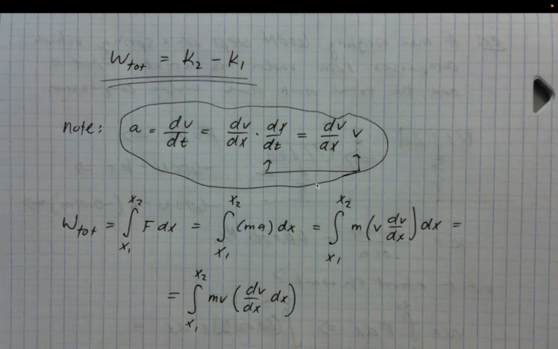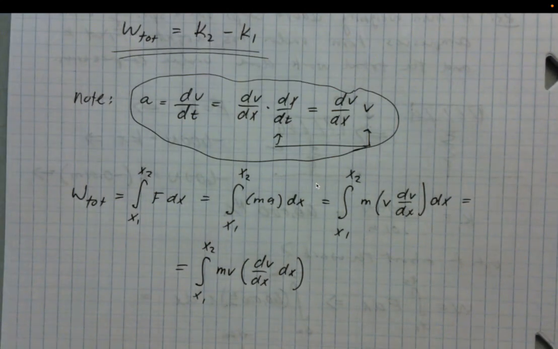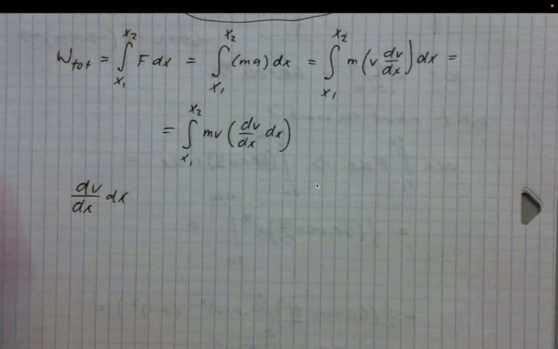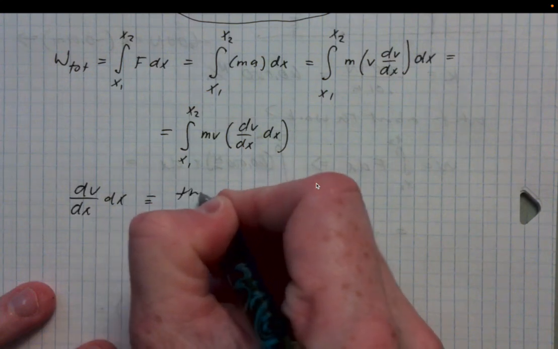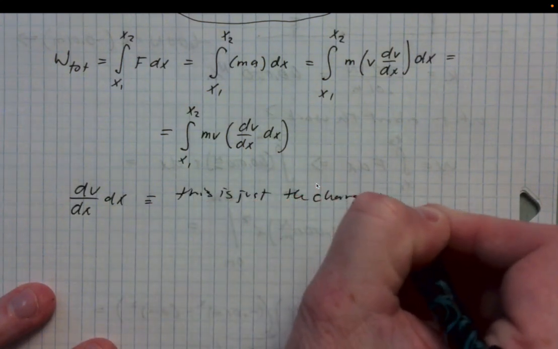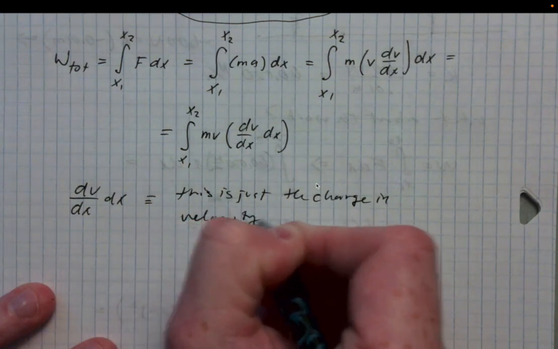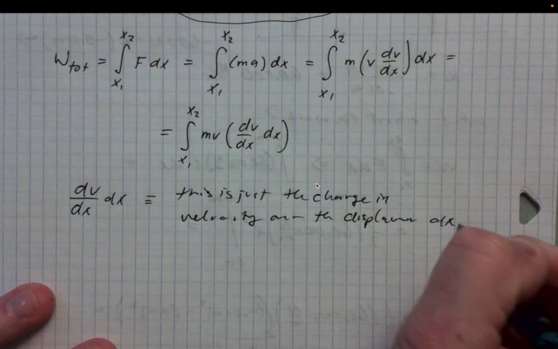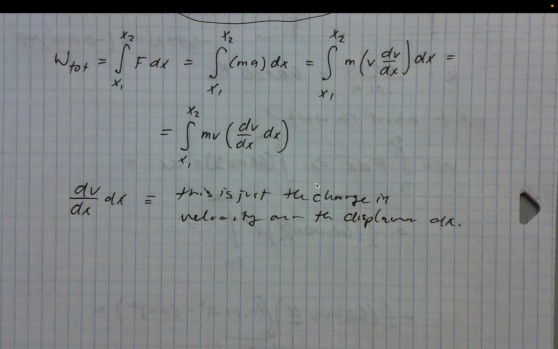So what is dv/dx times dx? This is really just the change in velocity over the displacement dx, which is the change in position.